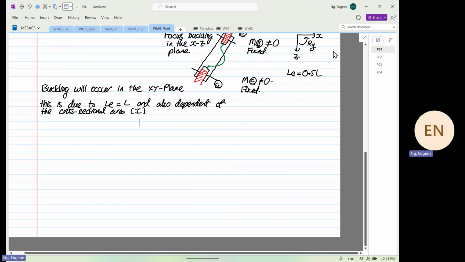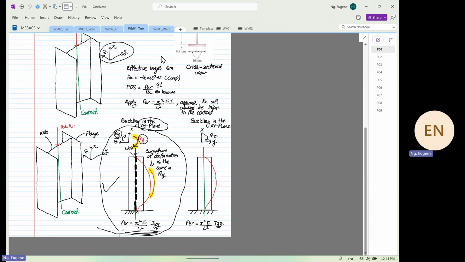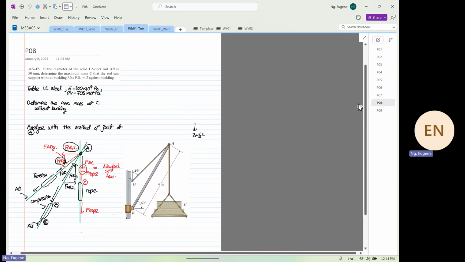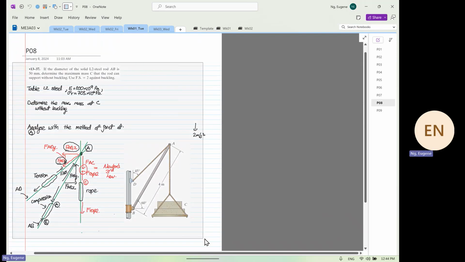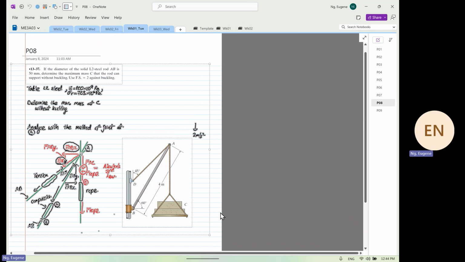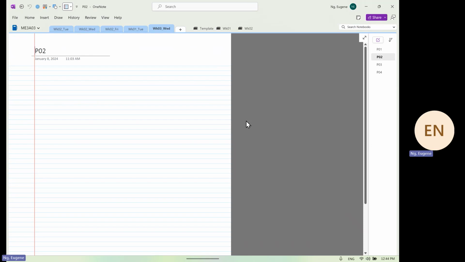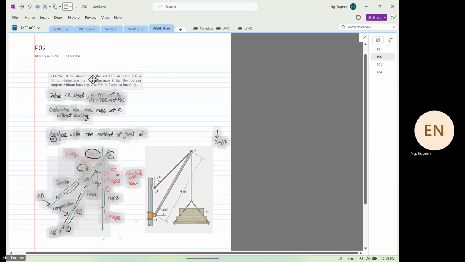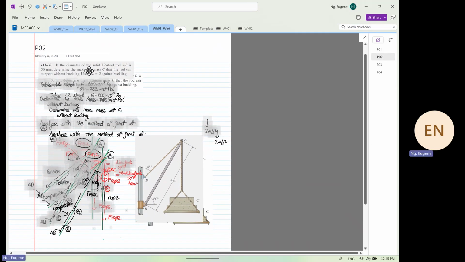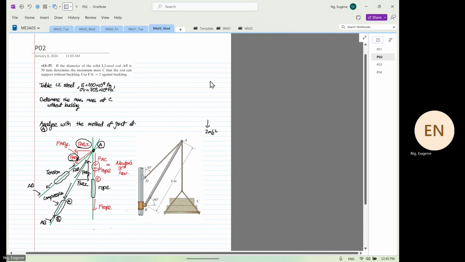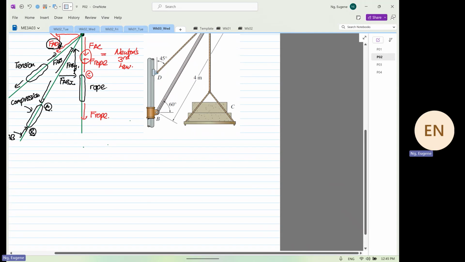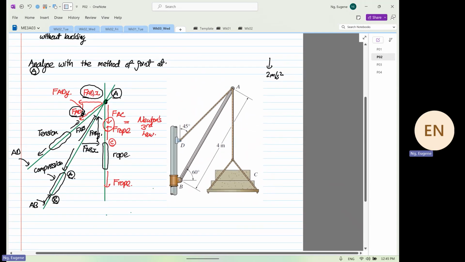Okay, so let's go back to our example from yesterday. I'm glad you all get the aspect of design. That's important. All right. So coming back to yesterday's problem. You understand how to do a multi-body analysis now, yes or no?